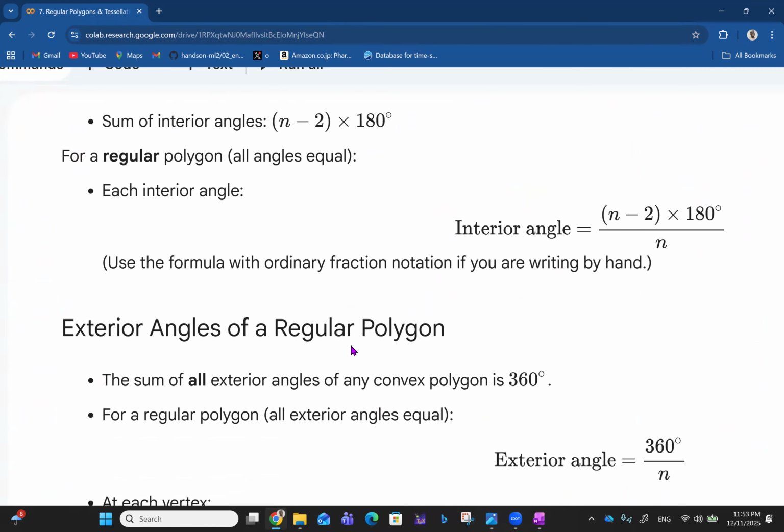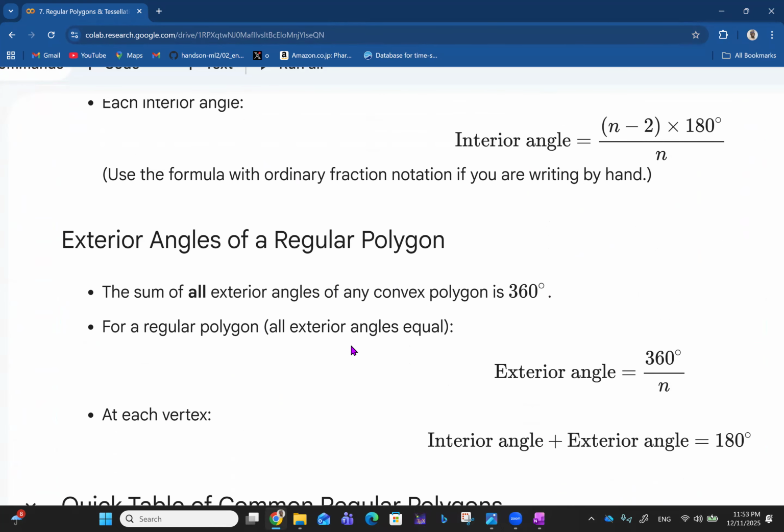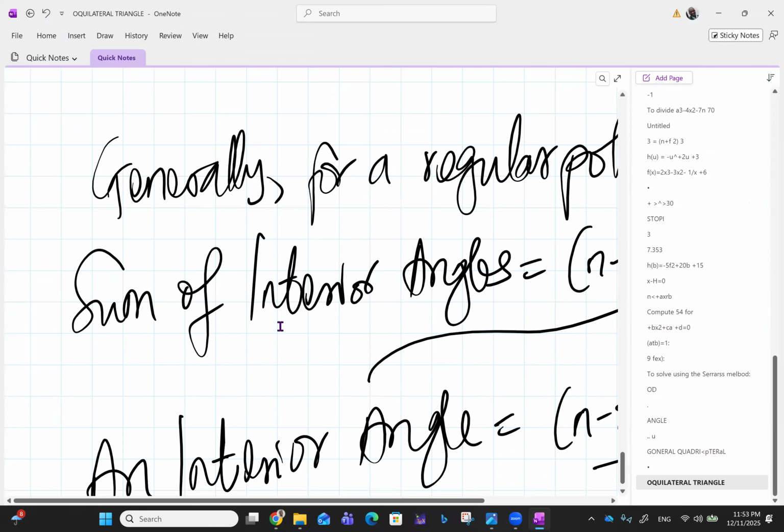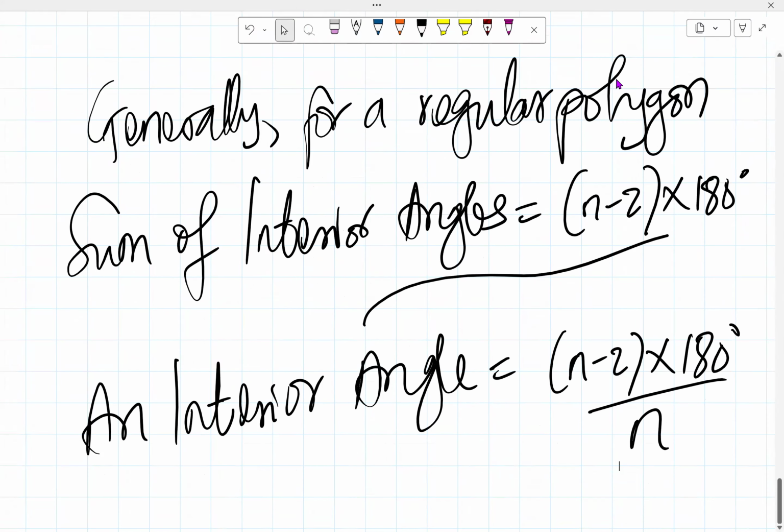Okay, that's about interior angle. So before we go too far, let me take an example that is not on that page.